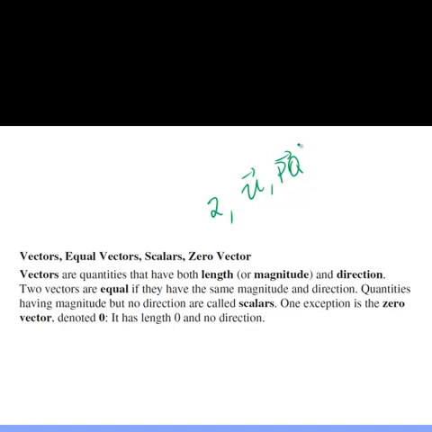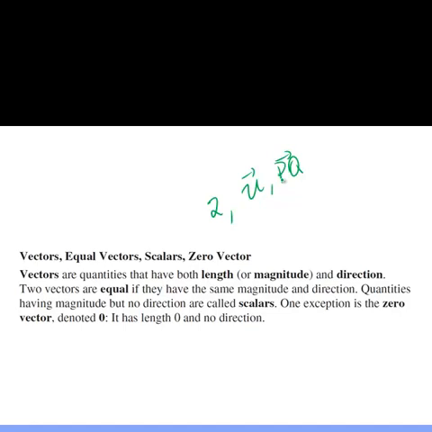Scalars are not the same as vectors. Scaling factors is another way of thinking about scalars. Think about them as real numbers that you can combine with vectors in order to scale the vector, to adjust the length of the vector.